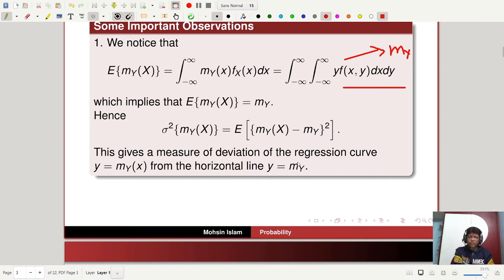So this gives a measure of deviation of the regression curve y equal to μ_y|x from the horizontal line y equal to μ_y. So this gives a measure of dispersion or deviation of the regression curve from the horizontal line. So that is the first important observation.